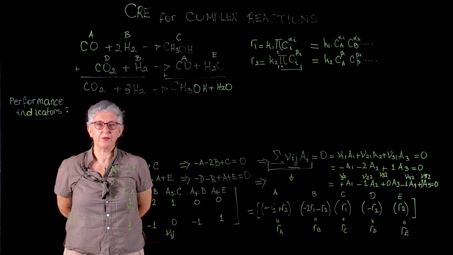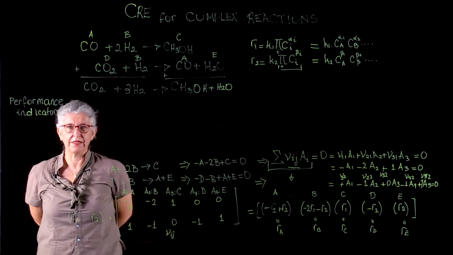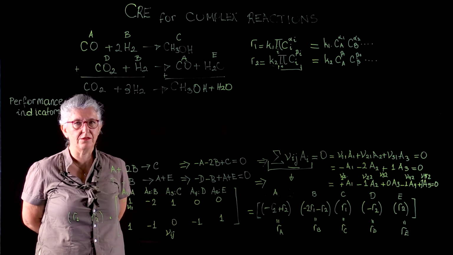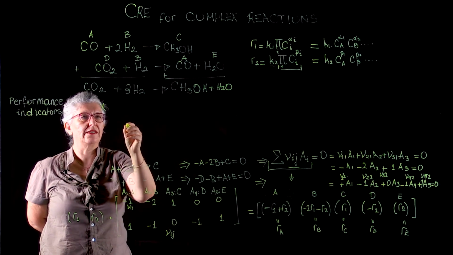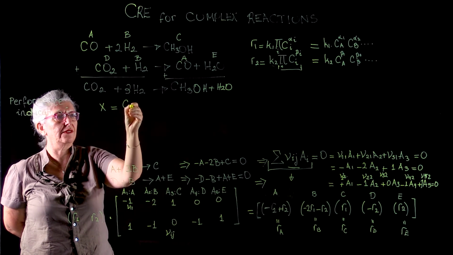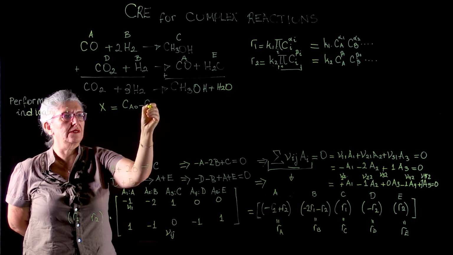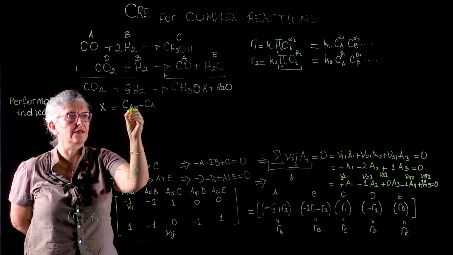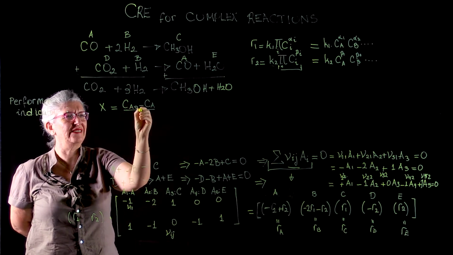In this video, we will learn the performance indicators of a complex reaction network. The performance indicator of a single reaction was conversion. Conversion is an indicator if we are dealing with a simple system in a single reactor.